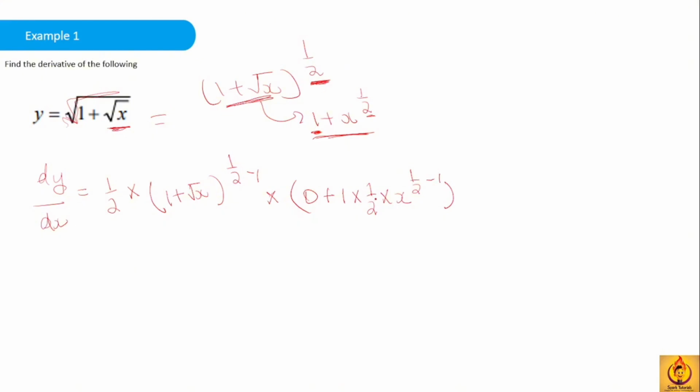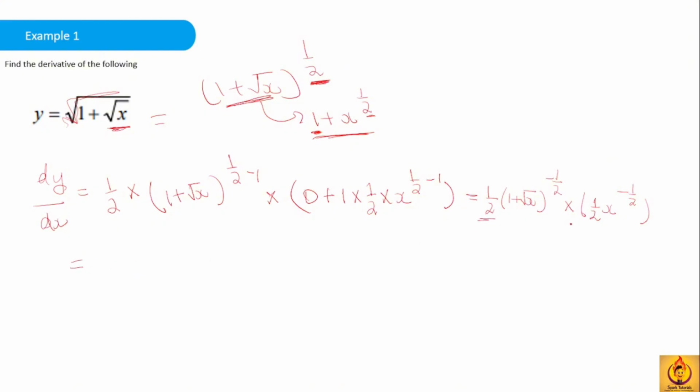right? And this is going to be equal to 1 over 2, 1 plus root x to the power minus 1 over 2 multiplied by, this is 0, this simplified will be 1 over 2 x to the negative power as well. So now we have these two cases and we're multiplying them with each other.